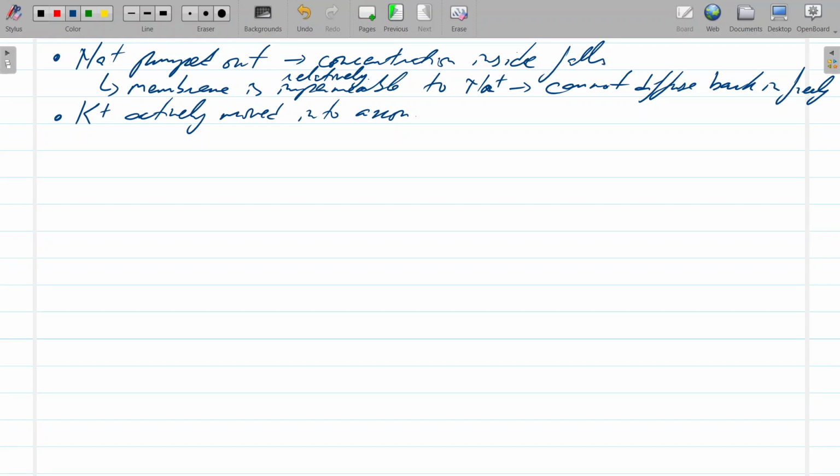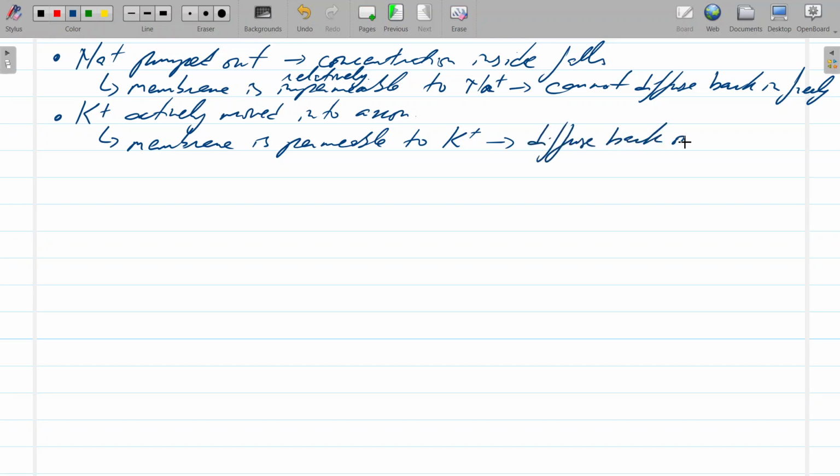But the thing about potassium is that the membrane is permeable to potassium. So they tend to diffuse back out as well. But their rate of diffusion is slower than the rate at which they're actively moved in. So there's more potassium moving in than diffusing out.